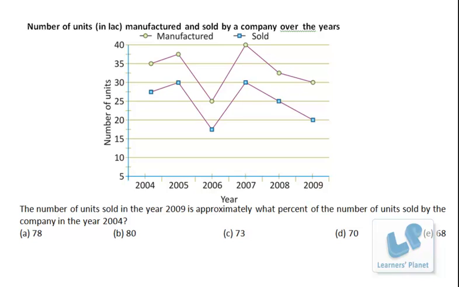Now further, we have to find out the percentage. Number of units sold in year 2009 is what percent of 2004. So 2009, the data will come in numerator, right? Number of units sold in year 2009 is 20, and number of units sold by company in year 2004 is 27.5, right?